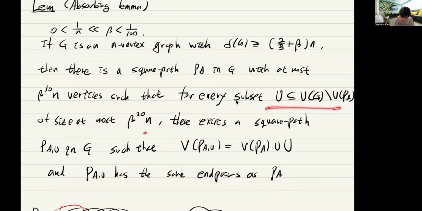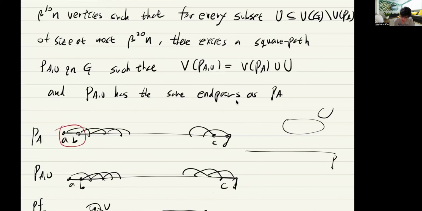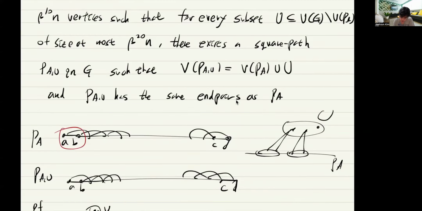So whenever you have a small set of beta to the 20 n vertices, for each one of them you can choose the 5-tuple in this path that absorbs it. And for this one, you can choose another 5-tuple that absorbs it, and so on. Because for each one of them, you have at least beta to the 20 n choices of 5-tuples that absorb it, which are all disjoint.